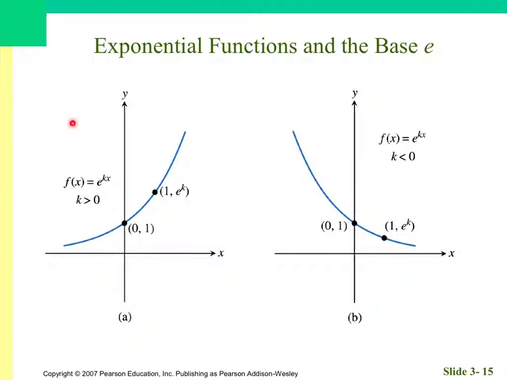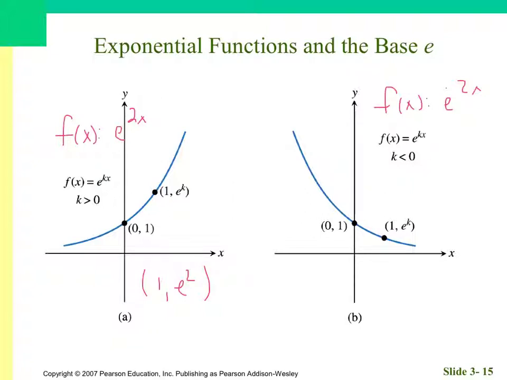So what it's saying is if you had f of x equals e to the 2x, you plug in 1 for x, it's going to be e squared. 1 comma e squared will be your point. Okay? And if k is less than 0, so if it was f of x equals e to the negative 2x, it means it's going to be reflected again over the y-axis, so it flips it over. Okay?